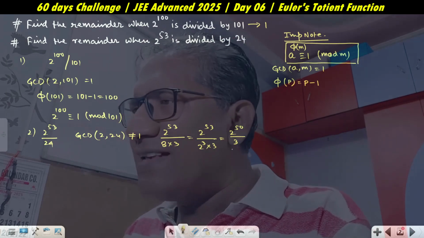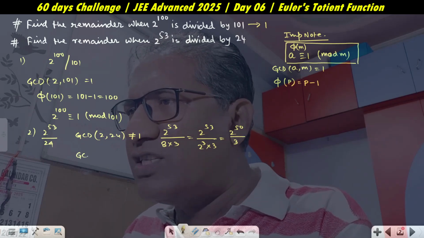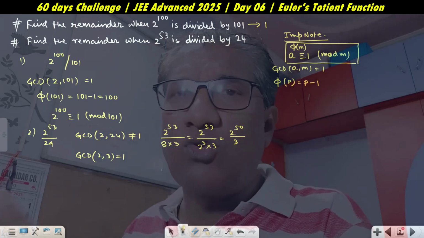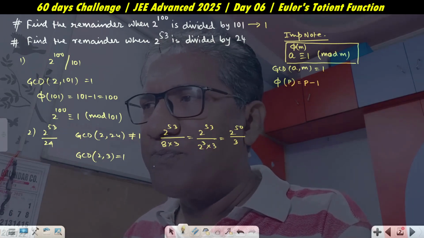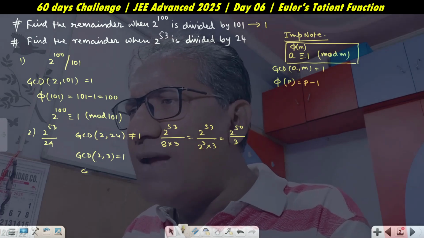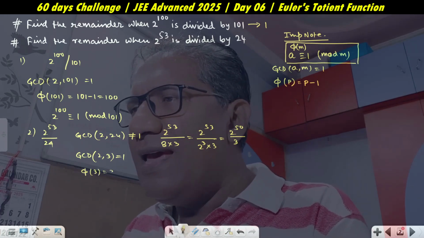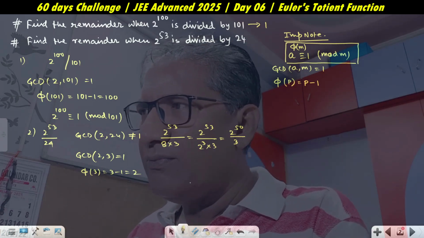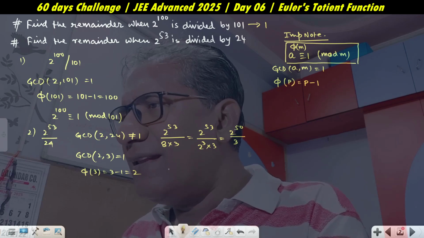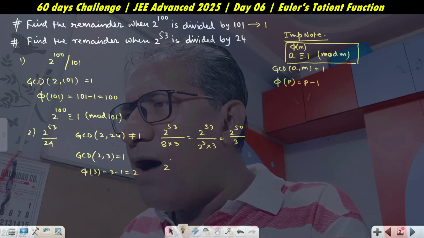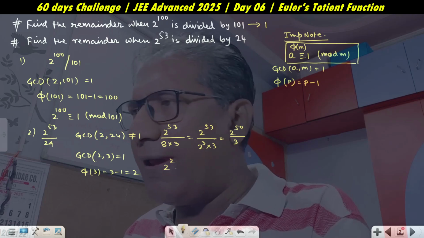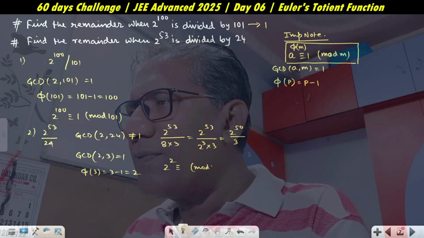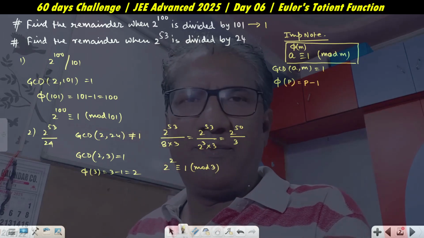In this case, the GCD of 2 and 3 is 1, that is, 2 and 3 are co-prime to each other. And the Totient number of 3 is 3 minus 1, that is 2, because 3 is a prime. So when 2 to the power 2, the Totient number of 3, is divided by 3, the remainder is 1.